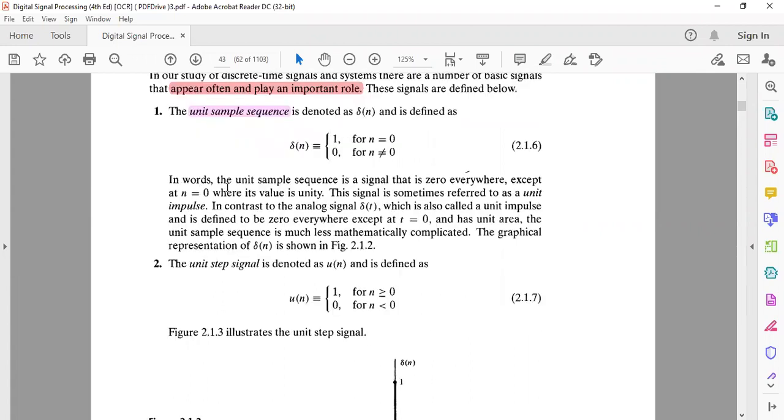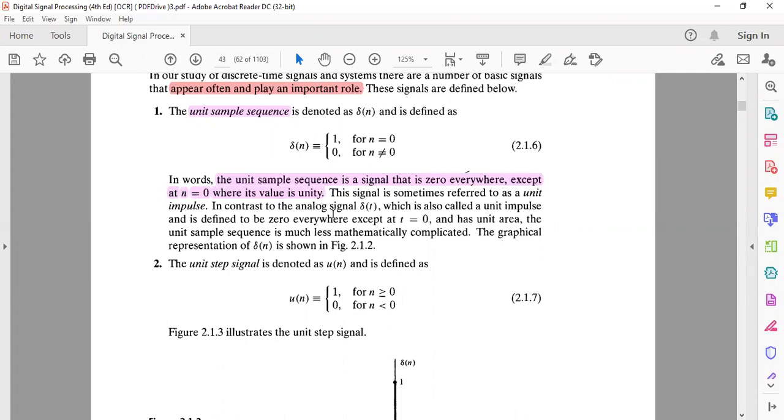We're saying that in other words, the unit sample sequence is a signal that is 0 everywhere except at n equal to 0, where its value is unit. This signal is sometimes referred to as the unit impulse. That's also important, the unit sample or the unit impulse.